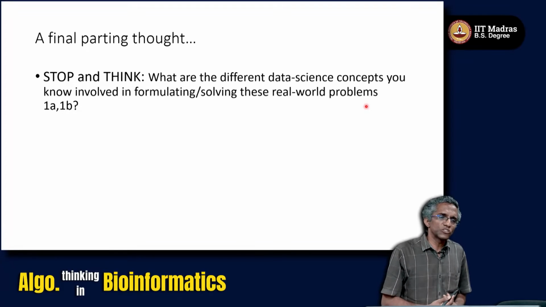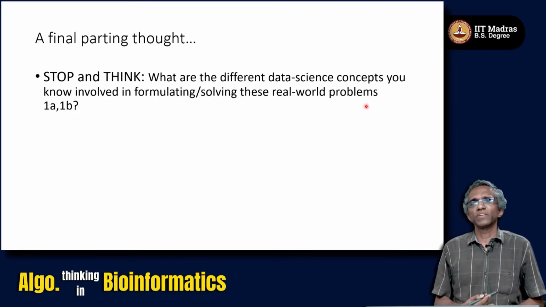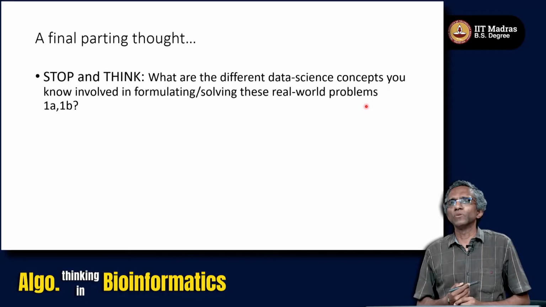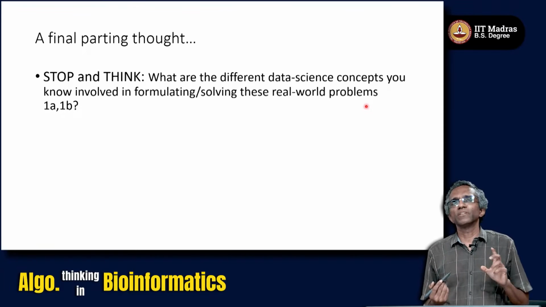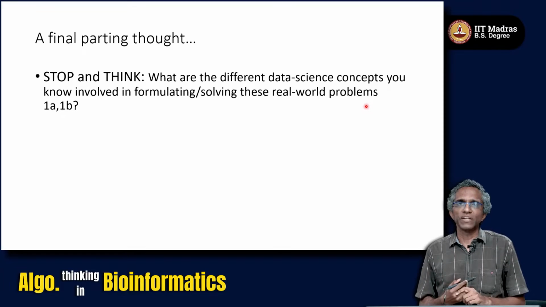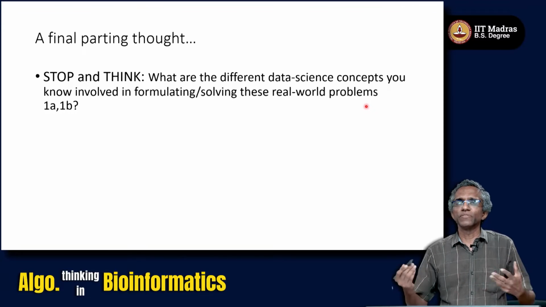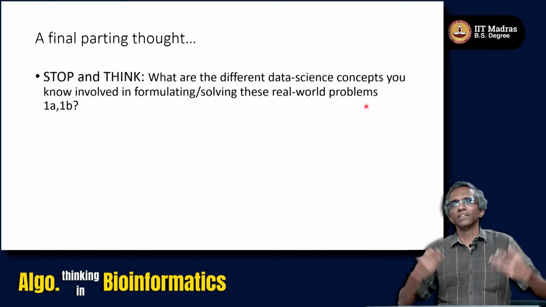The reason that I chose this as the first real world data science problem to look at is that I wanted you to appreciate how many different concepts go into solving a real world problem. Just think about all the different concepts that you have to learn from different parts of your training.